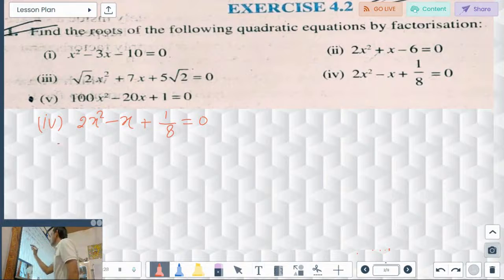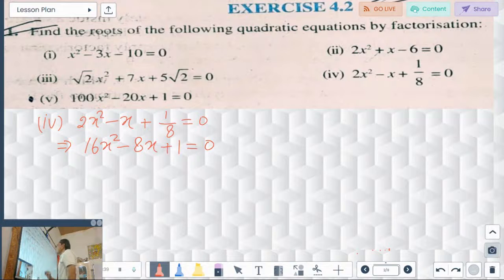Now 16x square minus 8x plus 1 equal to 0. Now compare with the standard equation. a equal to 16, b equal to minus 8 and c equal to 1.